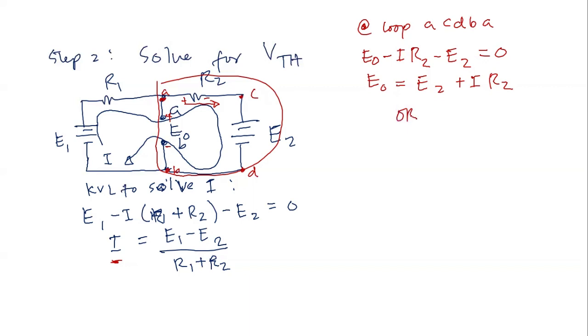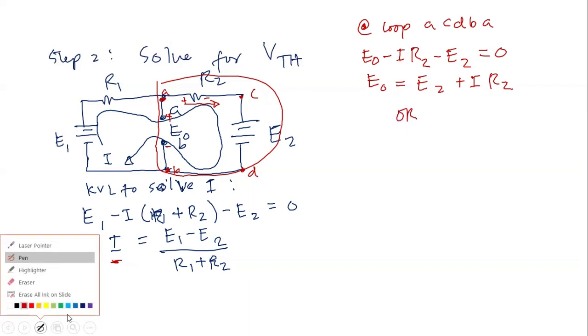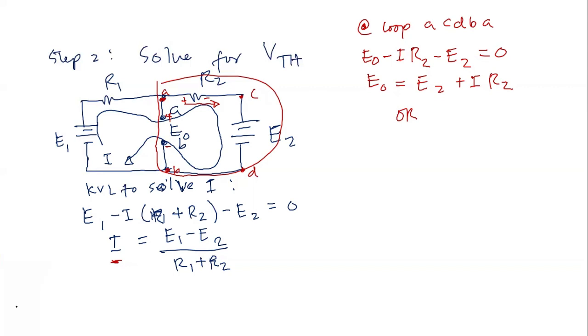Or if you want to use the left loop, this one that we encircled in black, so if we have here E, F, okay, at this loop we will follow the direction of the current, which is clockwise. So we have loop A, B, E, F, A.